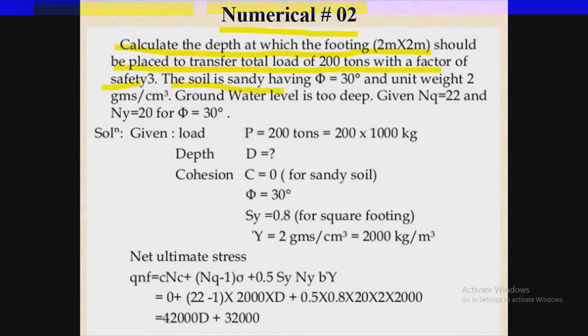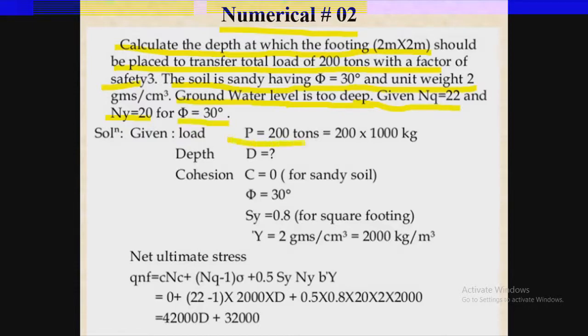The soil is sandy, having phi equal to 30 degree and unit weight equal to 2 grams per cubic centimeter. Groundwater level is too deep, so we will not take into account the effect of the water table while finding the value of the ultimate bearing capacity. Given Nq equal to 22, N gamma 20, and phi equal to 30 degree.